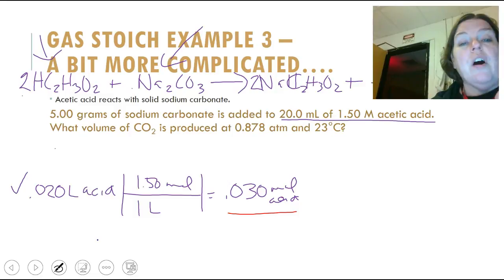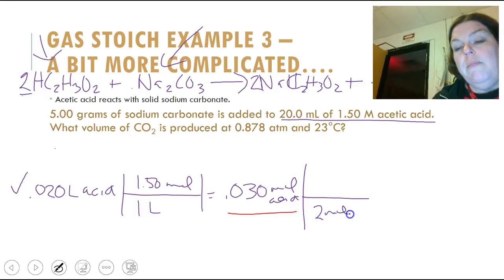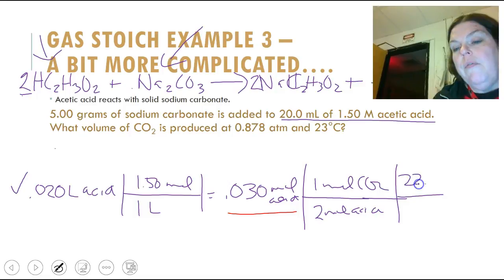I want to go to volume of CO2. So I have moles of my acid. I'm going to do my mole ratio. Notice I have CO2 1 mole to 2 moles of acid. So I'm going to put 2 moles of acid on the bottom, 1 mole of CO2. I want volume of CO2, so I'm going to use 22.4 liters. But remember, that's STP.